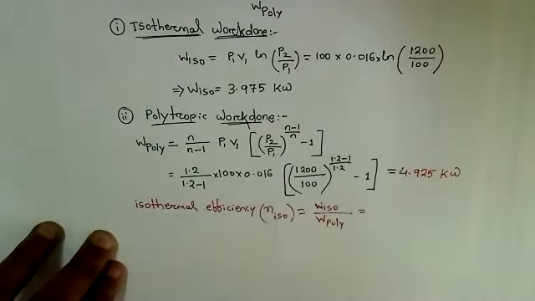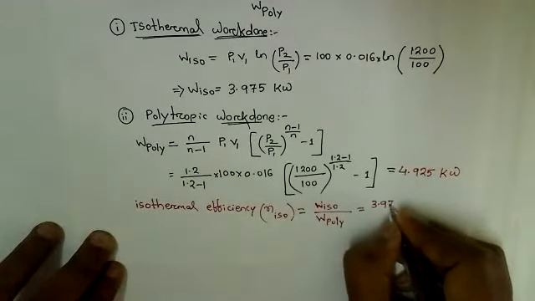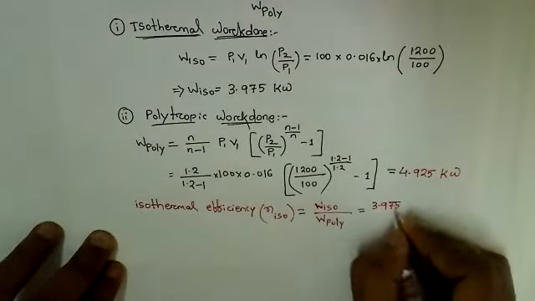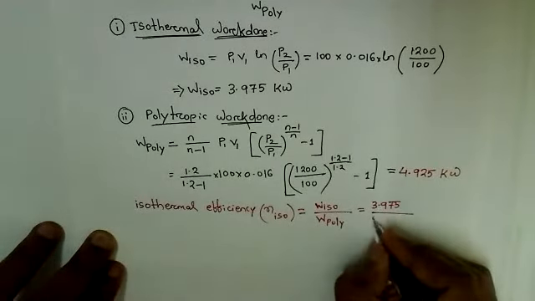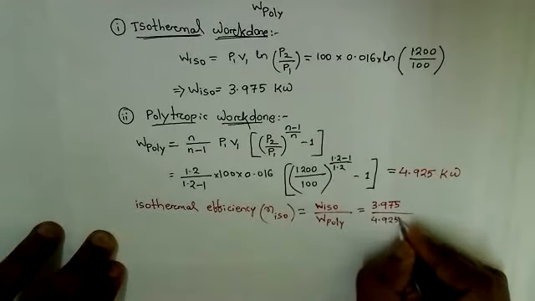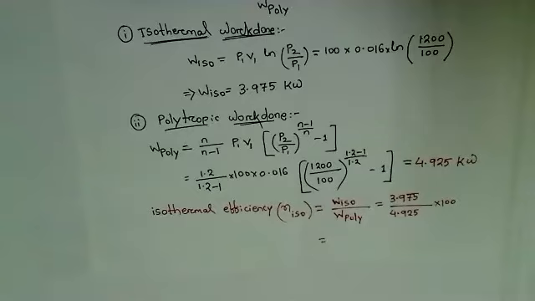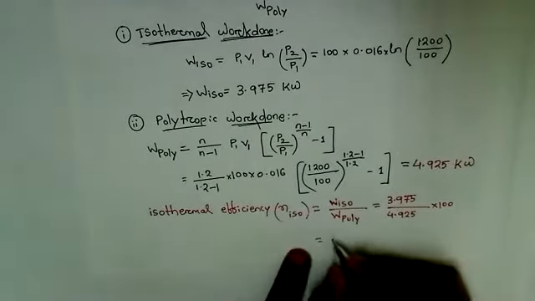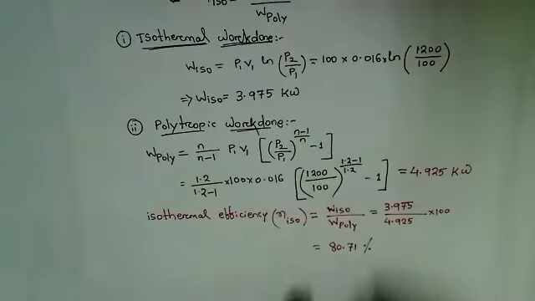Isothermal work done we got 3.975, polytropic work done we got 4.925. If you multiply by 100, we get it as a percentage. So we are getting 80.71 percent. So the isothermal efficiency is about 80%.